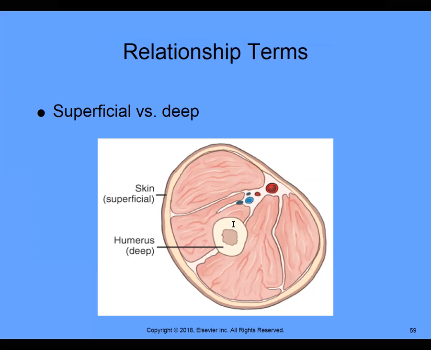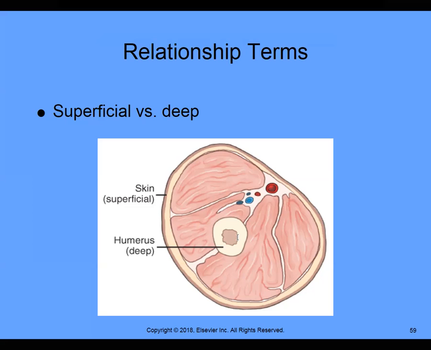Then you also have other terms. You can use the terms exterior or external or outer, which would still be superficial. If I'm looking at the humerus, I can refer to that as deep.